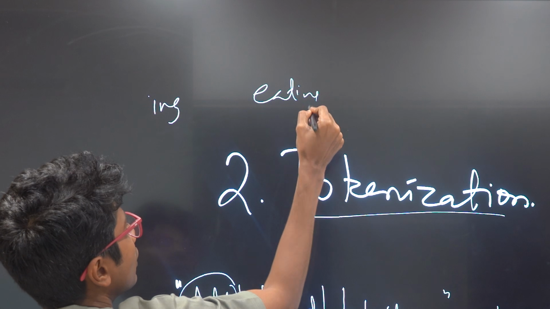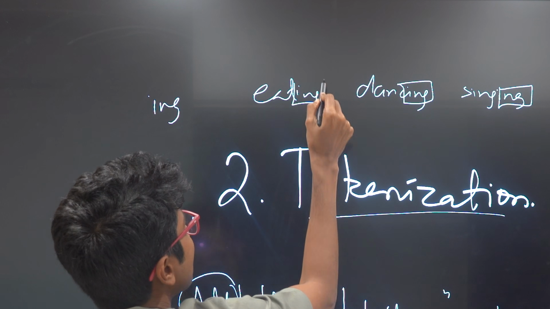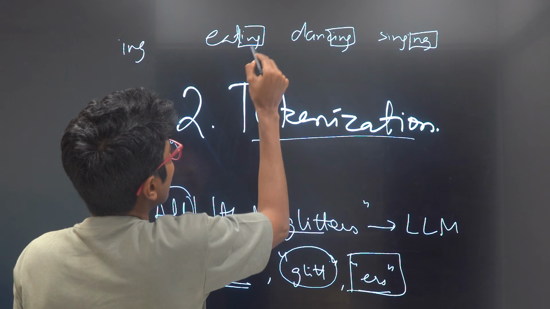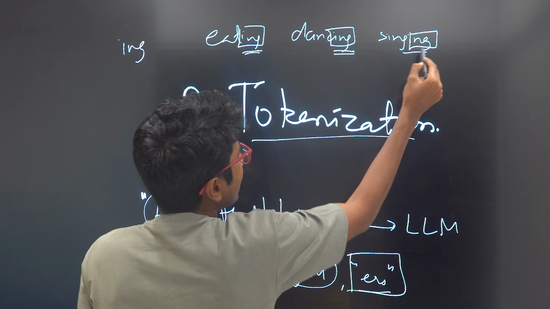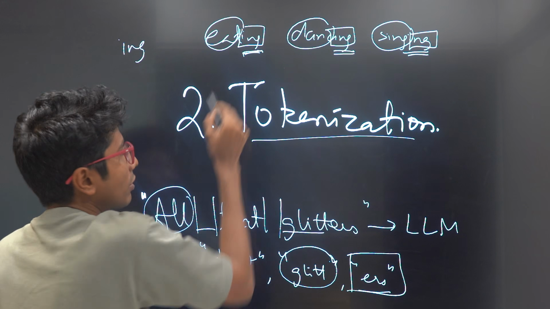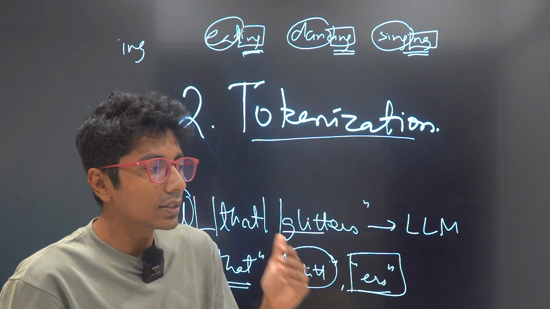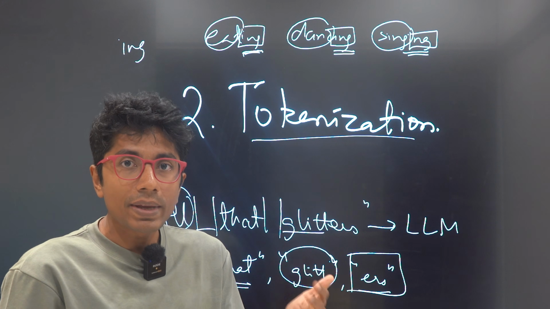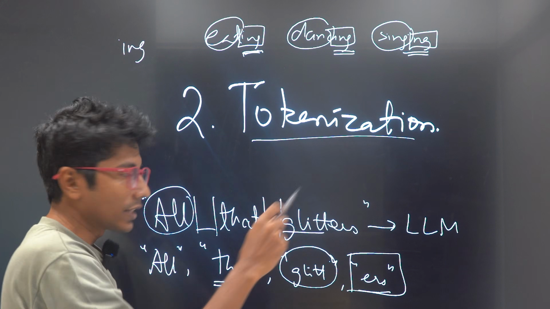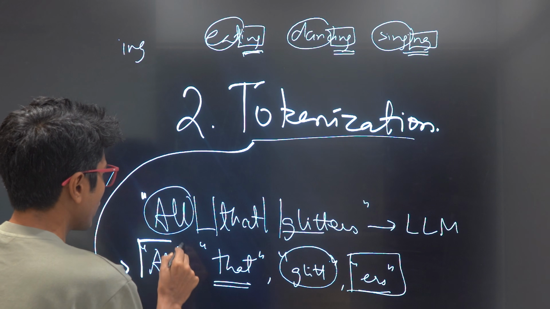So eating, dancing, singing, all have the suffix of "ing," and a large language model can look at this token of "ing" and know that the previous action is being performed as long as you have this suffix. Remember, the core problem for a large language model is to truly understand human language so that it can speak it really well. Tokenization is an essential part of that, whose end result is that the input text is broken into tokens.